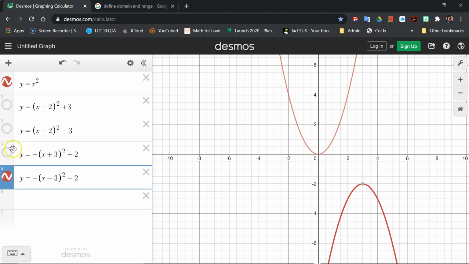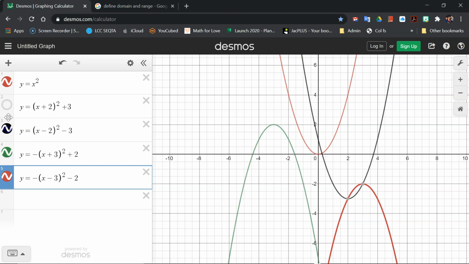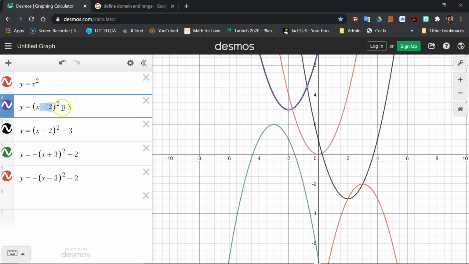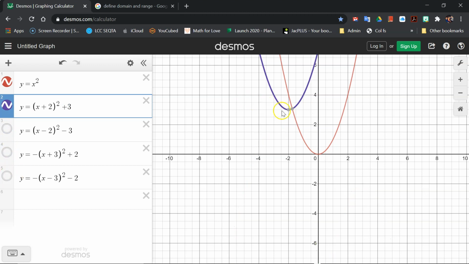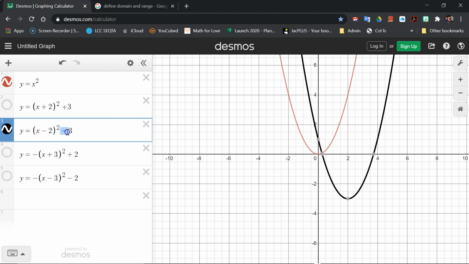Now I don't know if you've noticed the pattern here, is that these two values, -2 and +3, is going to be your turning point for the parabola. We can quickly look at this equation. +2 and -3 is going to be your turning point for the black one here.